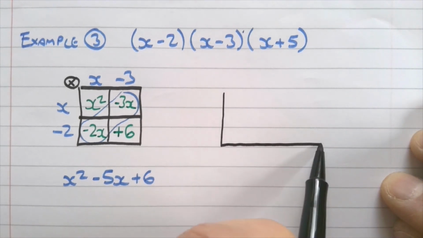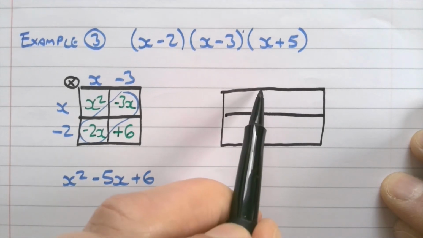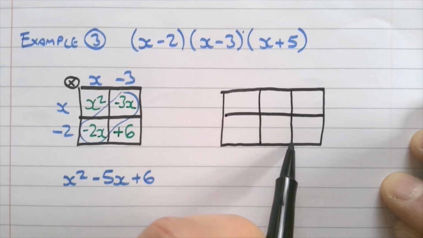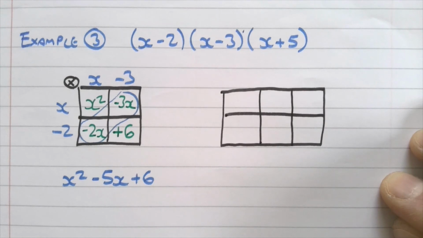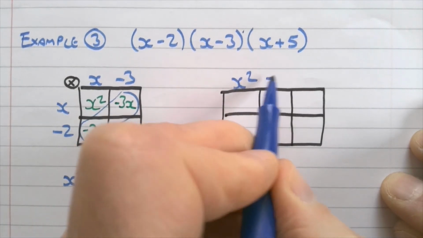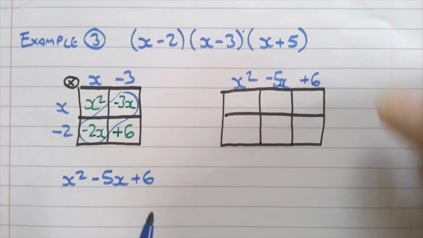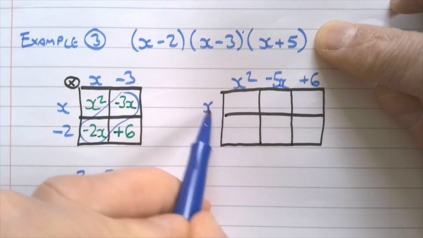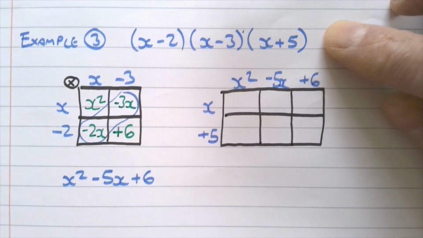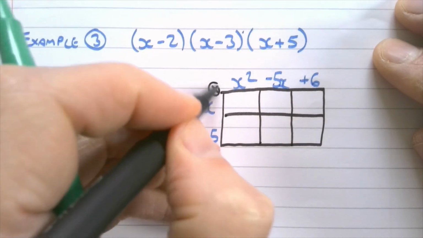So a load of boxes now. So we carry our answer forward up to here, so that's x squared, take away 5x, add 6, and our third bracket was x, add 5. So just remember we're multiplying.